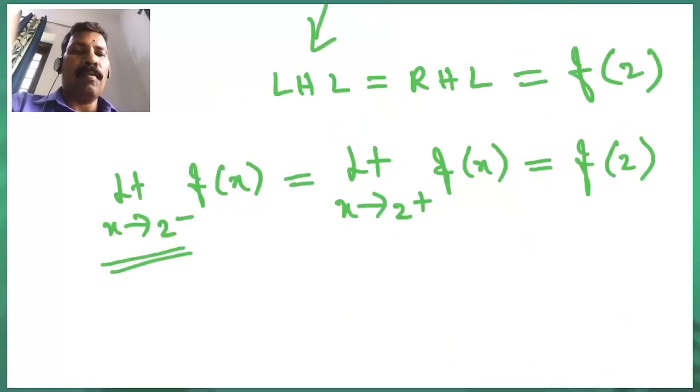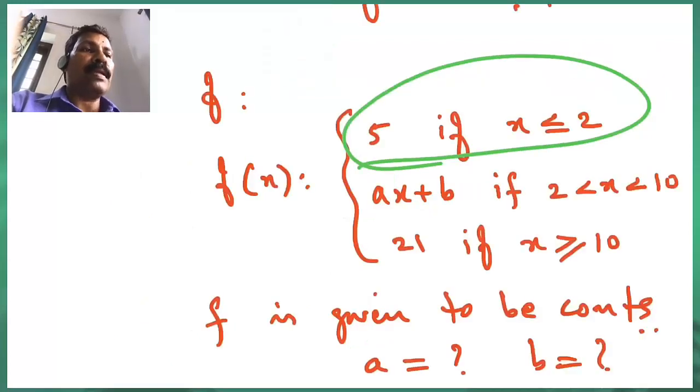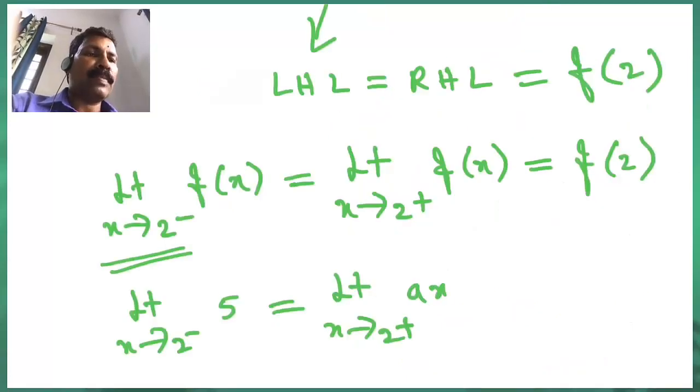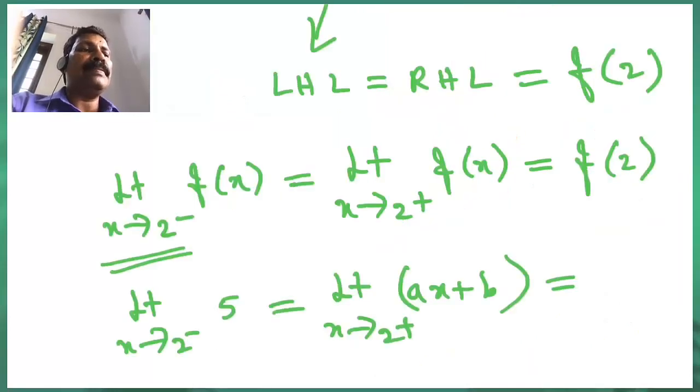So we have limit x tends to 2 minus of 5, equal to limit x tends to 2 plus, where it is ax plus b, equal to f of 2. F of 2 means when x equal to 2, that is 5 again.